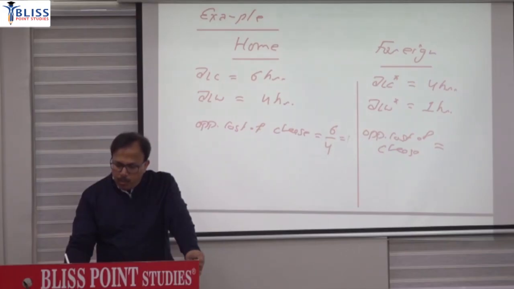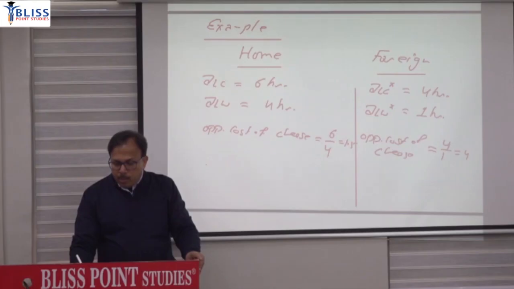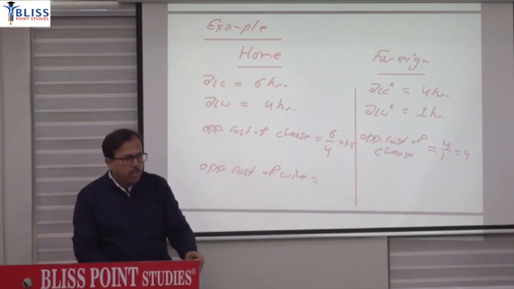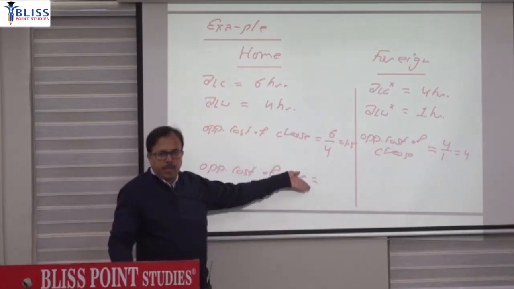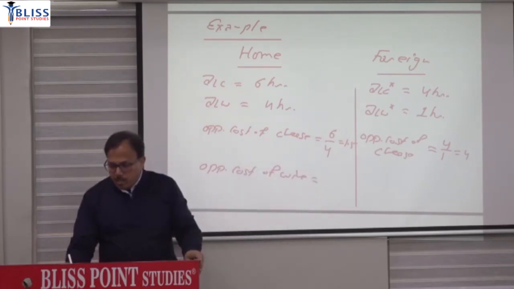Home country में ये 1.5 हो गया, foreign country में it is 4:1, 4. So if you have calculated opportunity cost of cheese, similarly you can calculate opportunity cost of wine. वाइन के लिए नंबर क्या हो जाएगा? जस्ट इनवर्स ऑफ इट. सो इफ इट इज 6 by 4 देन इट विल बी 4 by 6, दैट इज 2 by 3.